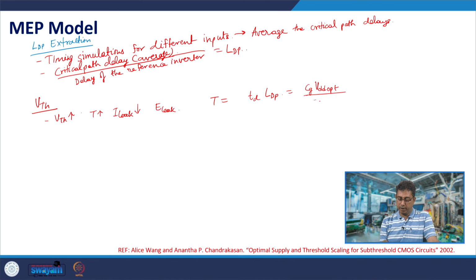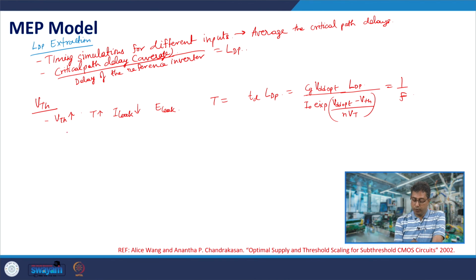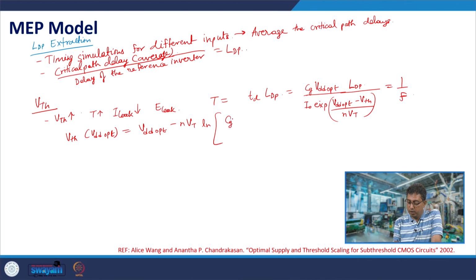So, VDD optimum divided by I0 exponential of the current, VDD optimum minus threshold voltage, and this is 1 by frequency. So, what is the value of VTH for this VDD optimum? It is VDD optimum minus n VT ln of VDD optimum LD Cg f divided by I0.